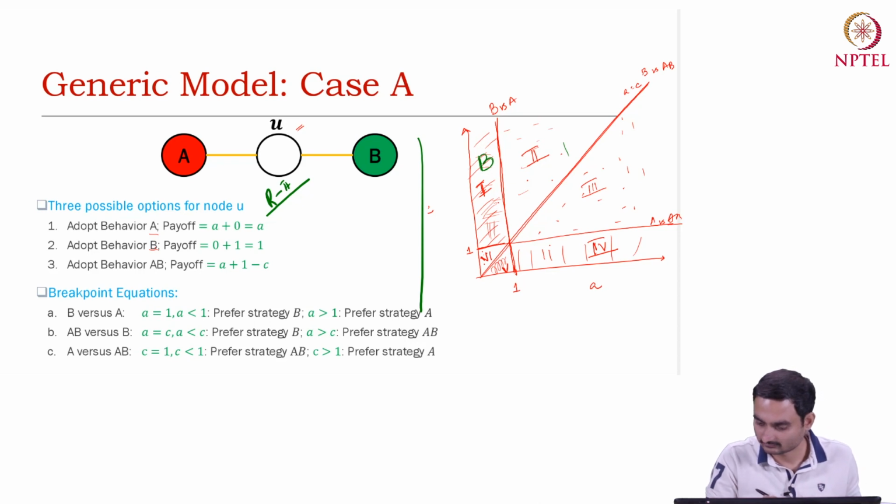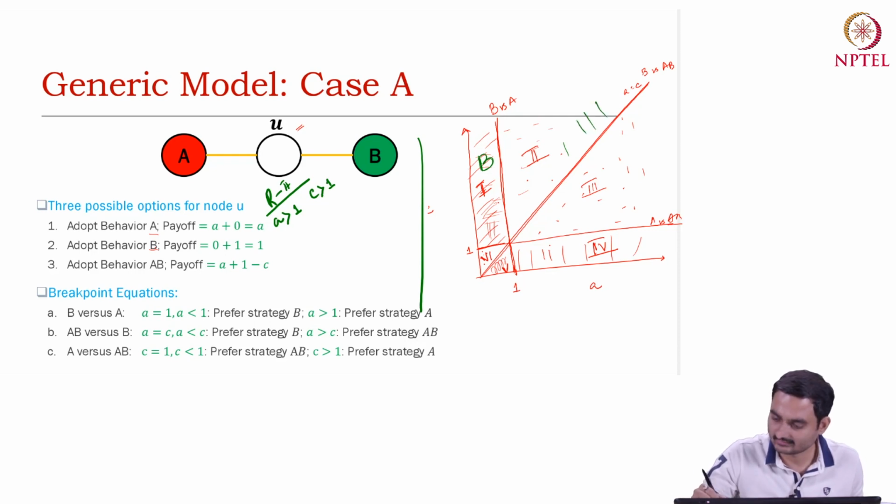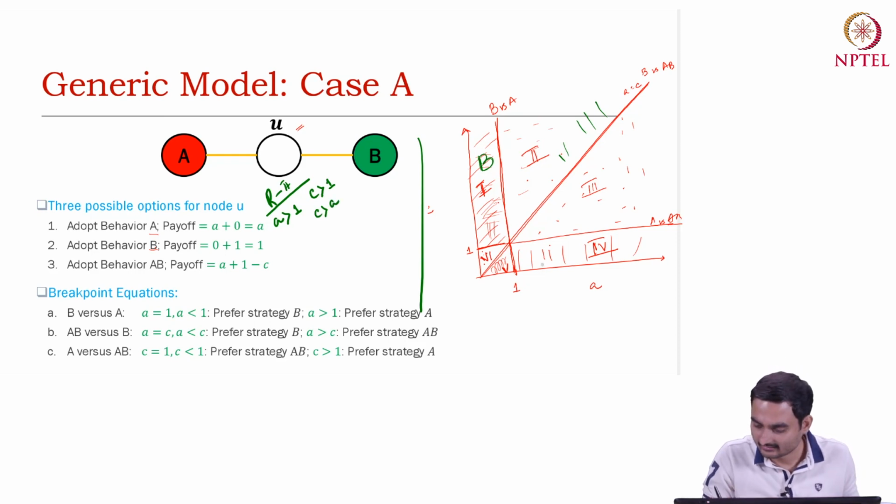The case is A is greater than 1, C is also greater than 1, and in this portion C is greater than A, isn't it? If you look at this point, you see that C's value is higher than A, and below this point A is greater than C. We are looking at this part.